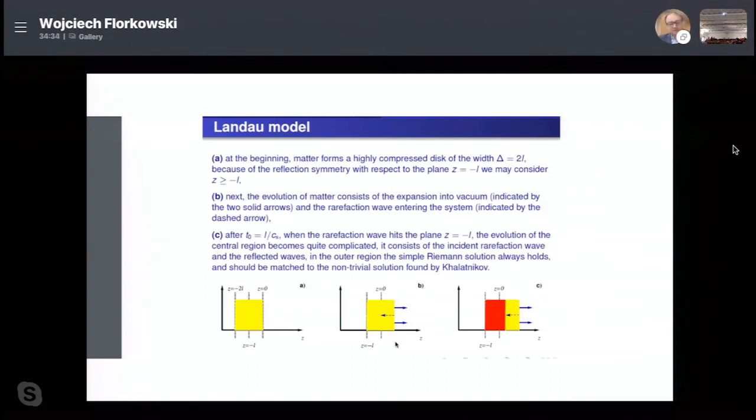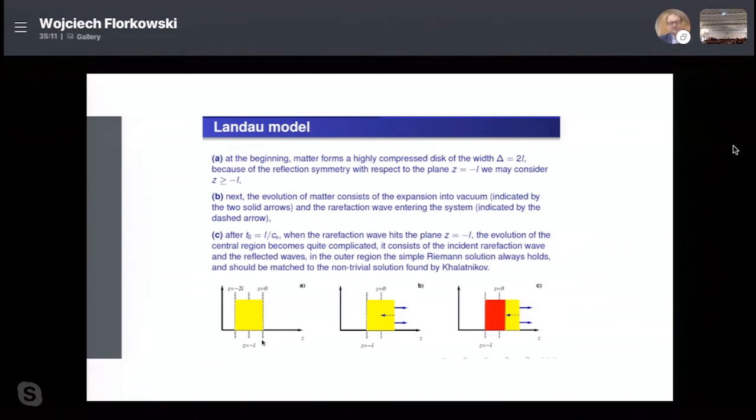In Bjorken's model, nuclei go through each other. You have some color strings that produce the boost invariant, baryon-free matter. In the Landau model, the picture is opposite. Simply, two nuclei are stopped, a huge stopping, and the matter is compressed into a kind of cylinder which has a length obtained by dividing the radius of the nucleus by the gamma factor.